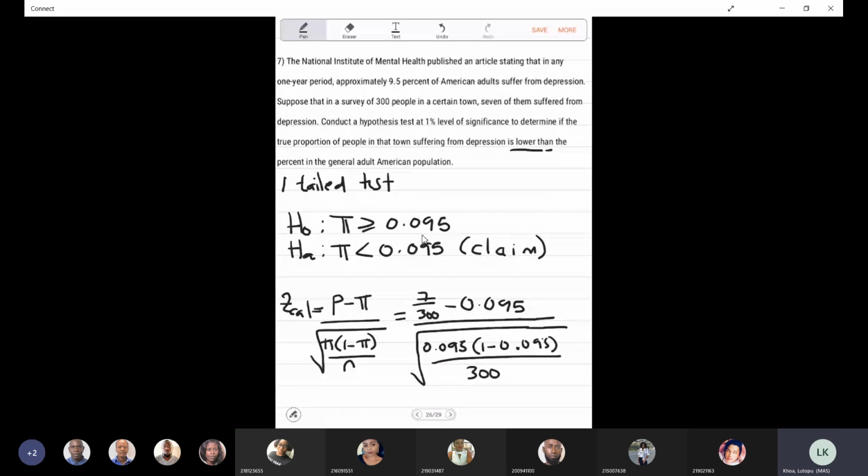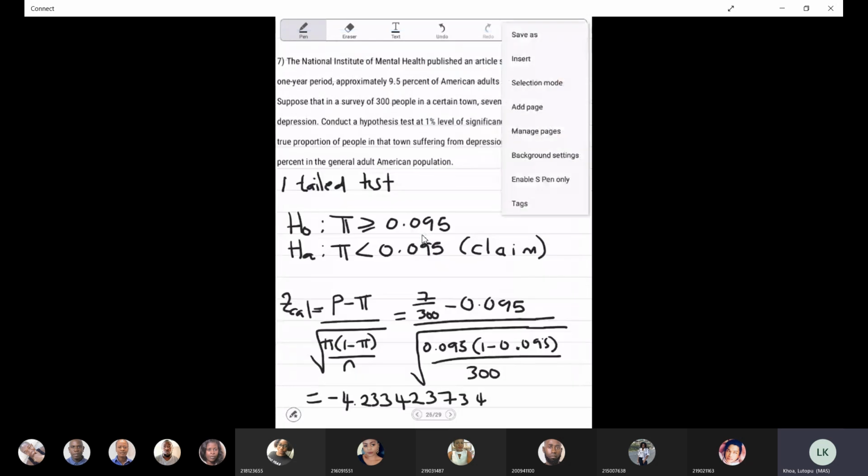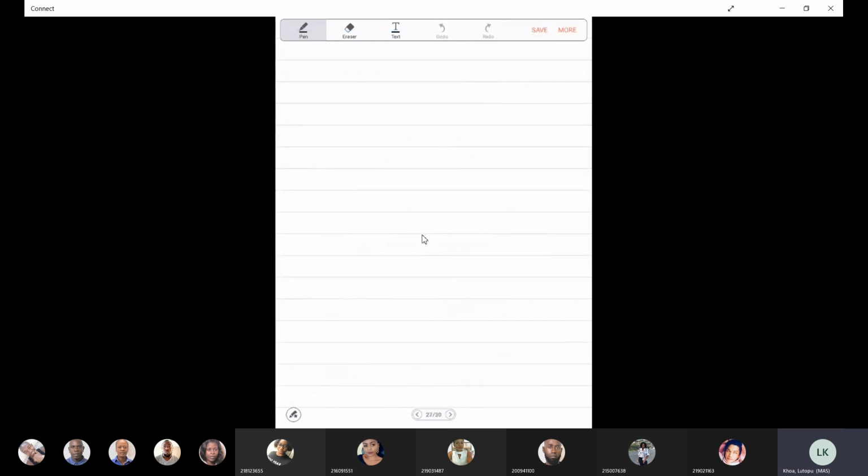Okay, do we have any answers? I don't know if this is accurate, but I found negative 4.233. Okay, that's what I got. So negative 4.233423734, and then we can round this off to 4 decimals.